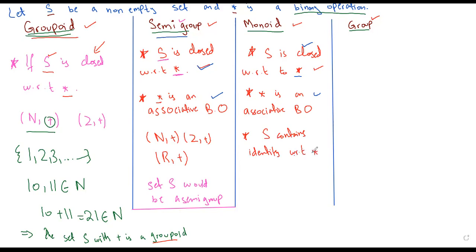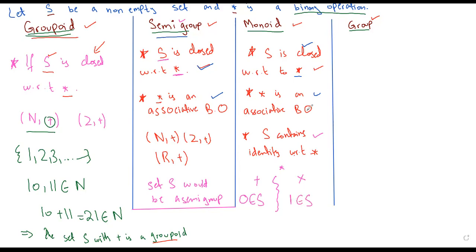Now this is the different thing. We have discussed what identity is. I'll give a quick idea. If star is plus, we need to have 0 belonging to S. And if star is multiplication, we need to have 1 belonging to S. That's it. This is the only thing which you need to understand.